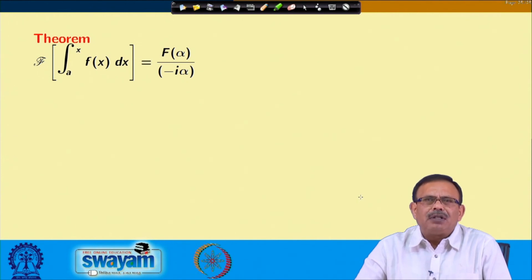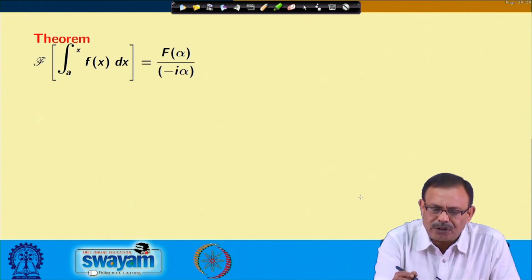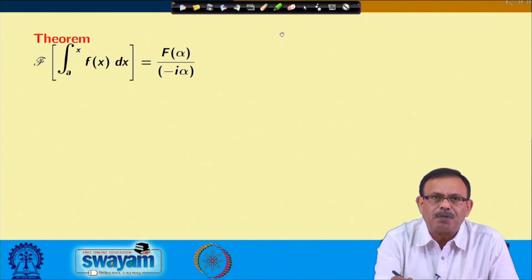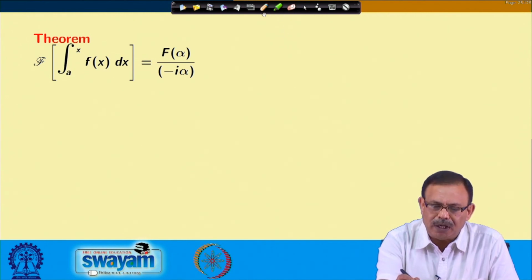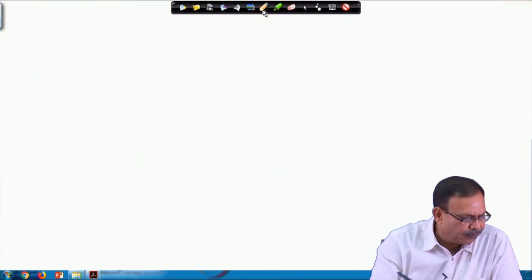Now, we will see that if I know the Fourier transform of a function and I integrate the function, then what should be the Fourier transform of that function. Here we are saying the Fourier transform of the integral from a to x of f x dx is equal to F of alpha by minus i alpha. So, let us see the proof of this one.